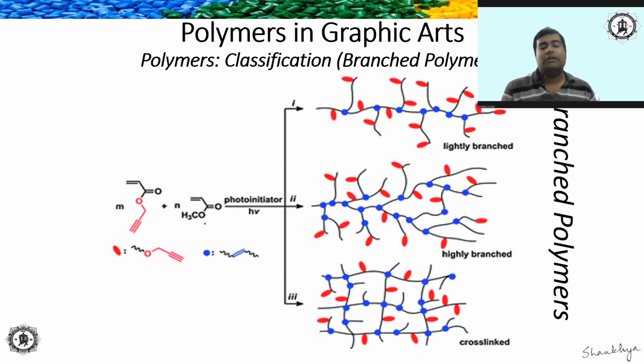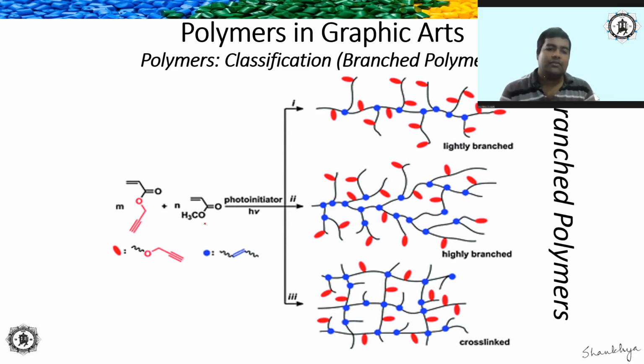Next, as I told you, based on what we first saw, linear polymers, and also based on the type of synthesis, there are two types, that is addition polymer and condensation polymer. Now we come to another type of polymer based on the structure, which is known as branched polymer.